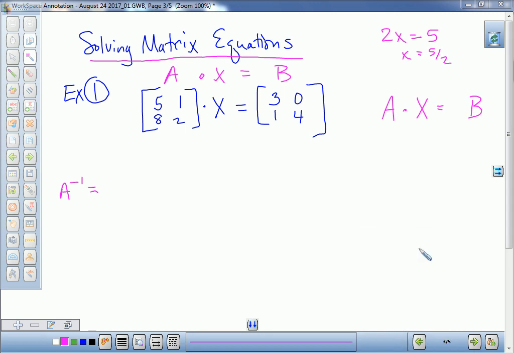First thing we have to do is find the determinant of A. 10 minus 8 is 2. So this is 1/2 times, switch the main diagonal, change the signs of the other. Distribute. So the inverse of A is 1, negative 4, negative 1/2, 5/2. Positive 5/2, I'm sorry, that was my fault. It is positive.